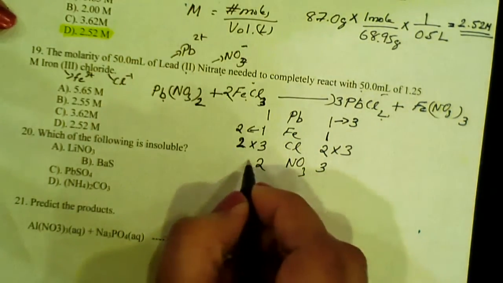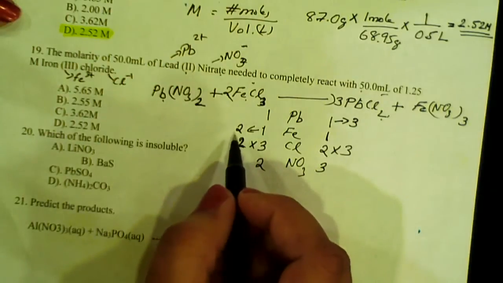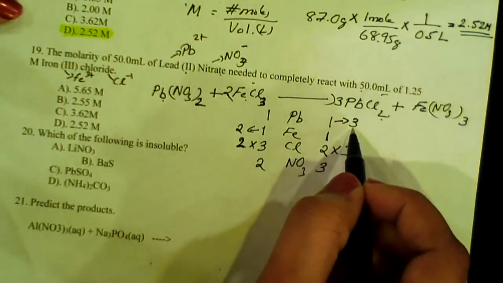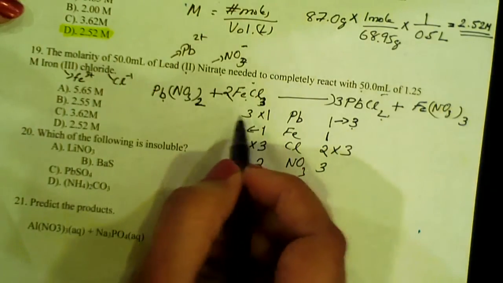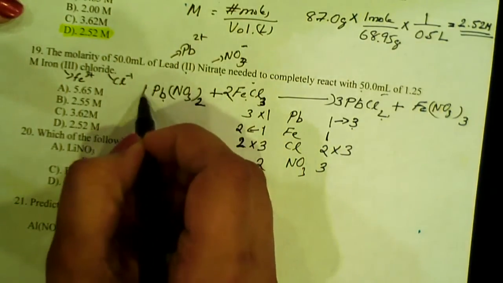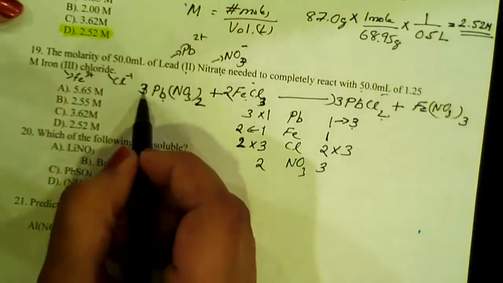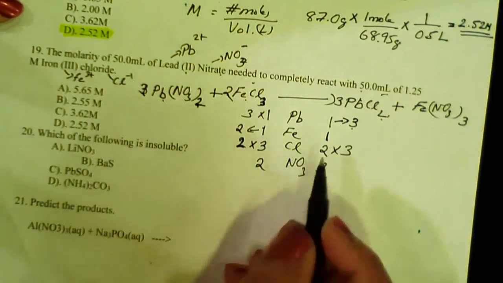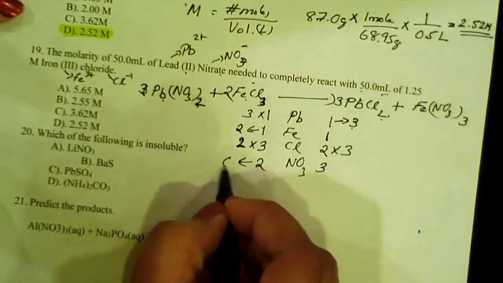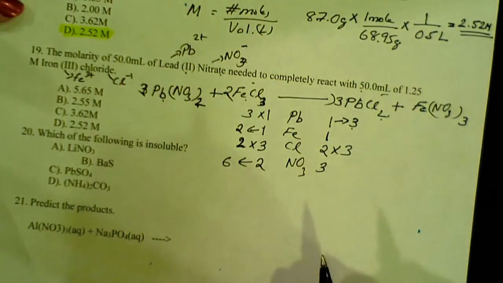If you put the coefficient 2 here and the coefficient 3 here, so 2 FeCl3 and 3 PbCl2, that's going to change this 1 to 3 and iron here to 2.